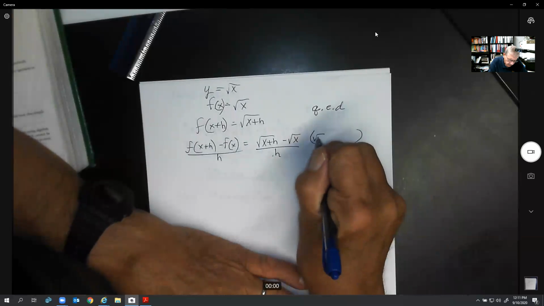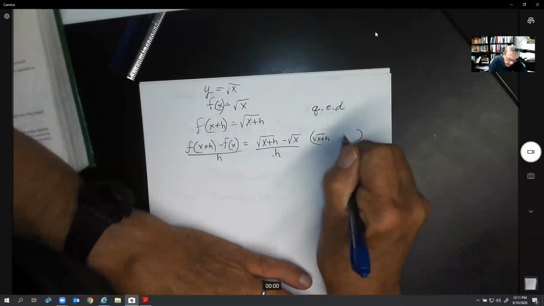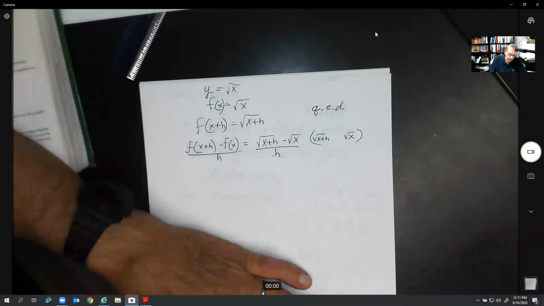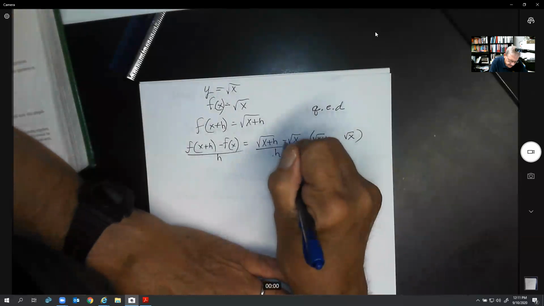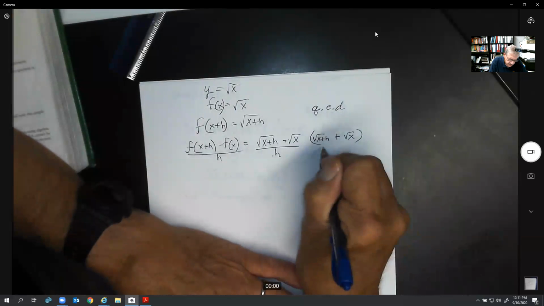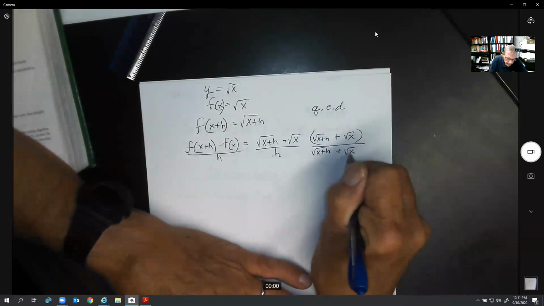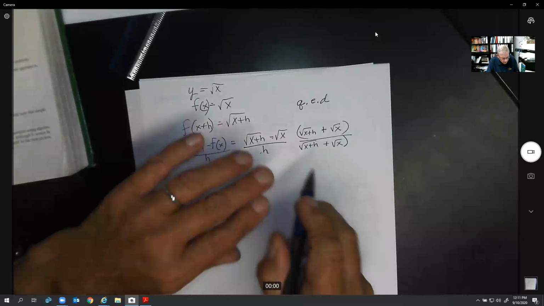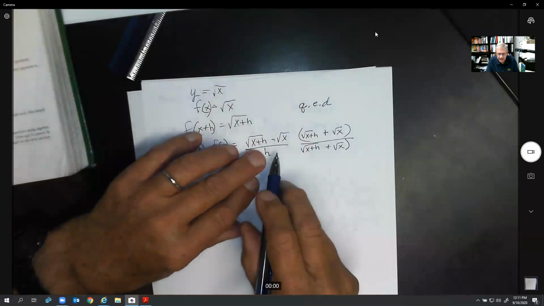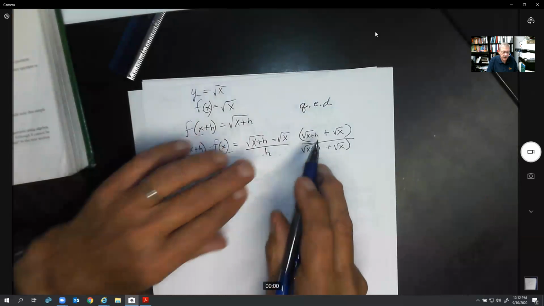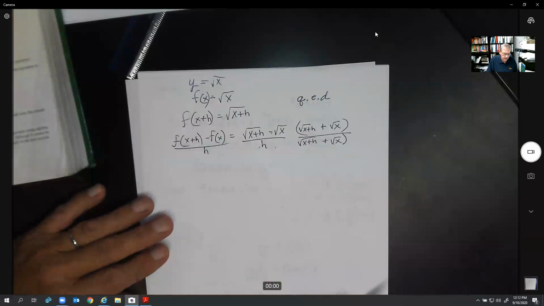We had a radical, and we multiplied it by the opposite sign, plus, and we do the same thing to the bottom. That's called rationalizing. Normally we do it to the denominator, but here we're going to rationalize the numerator.